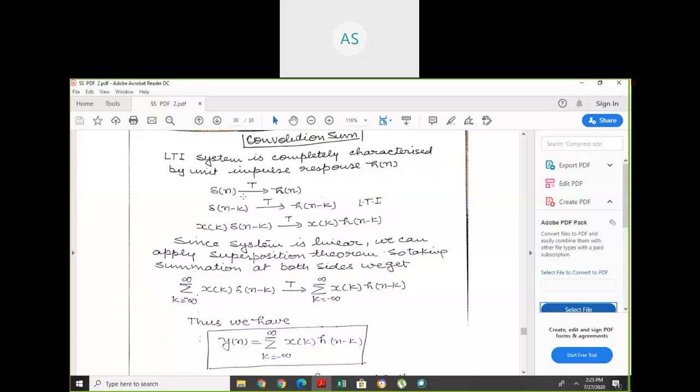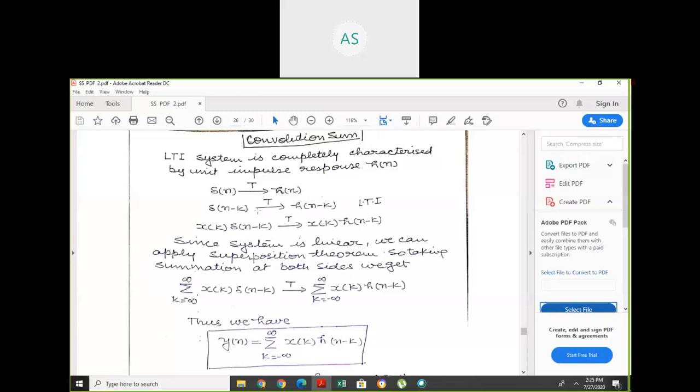If on any LTI system we apply a discrete time impulse signal, then we get the unit impulse response h of n.